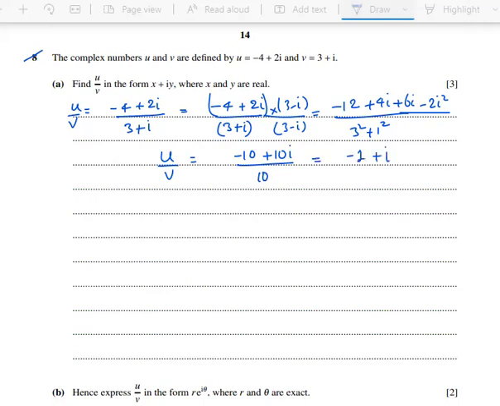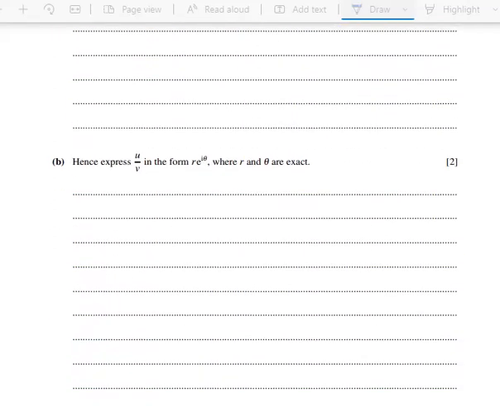Okay, so u by v we got as minus 1 plus i, where x and y are real. Therefore x is equal to minus 1 and the imaginary part is also 1. All right, moving on to the next question.